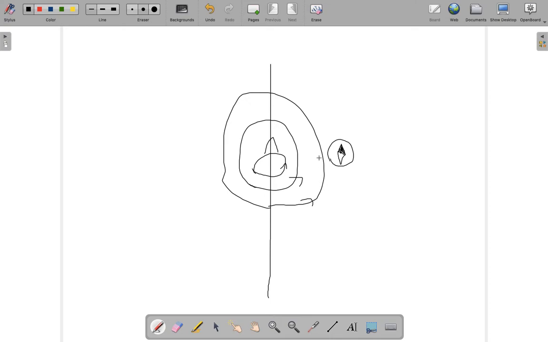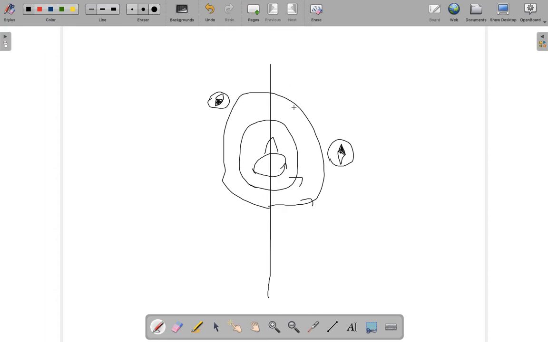So if it's over here, it'll be pointing up. If I have it over here, it will be pointing that way. That's what the direction means.